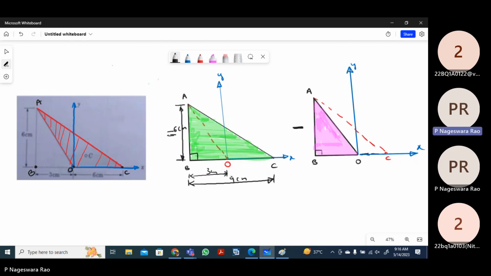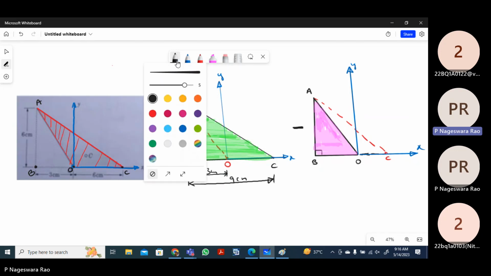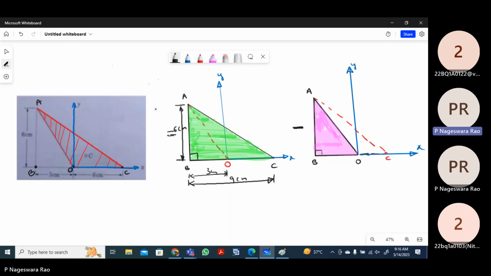Triangle ABC is the first area, as I already told you.